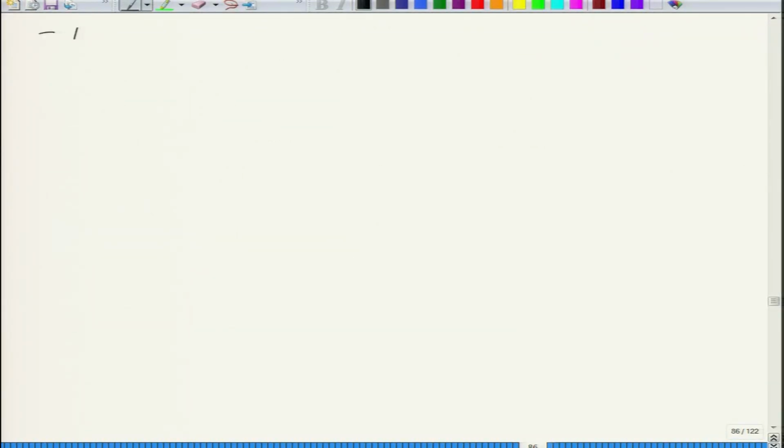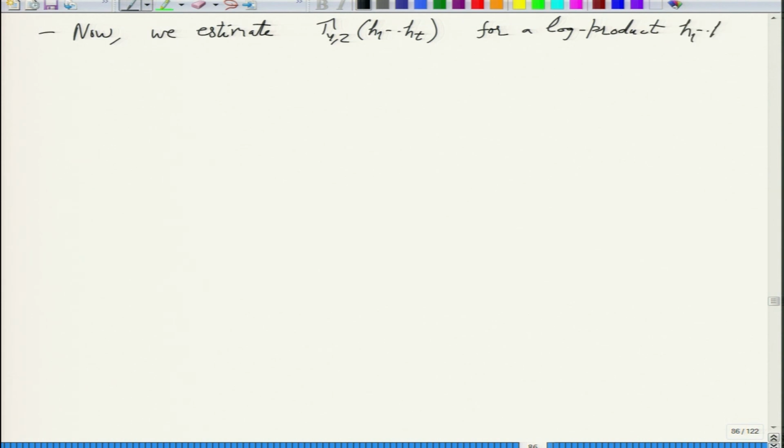Now we estimate gamma yz on a log product h1 dot dot ht.